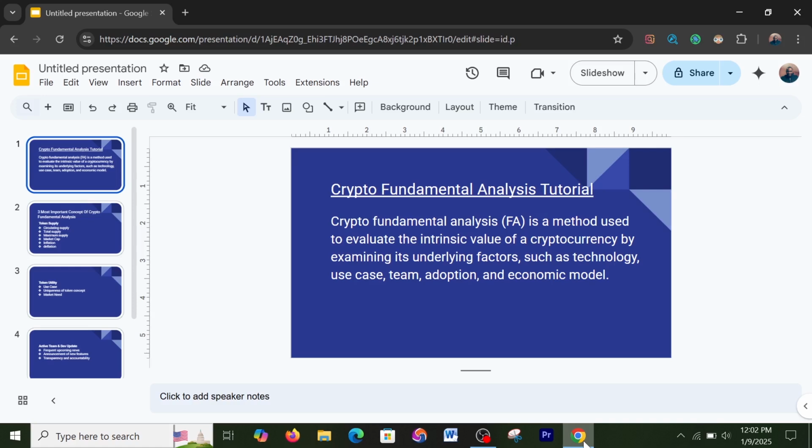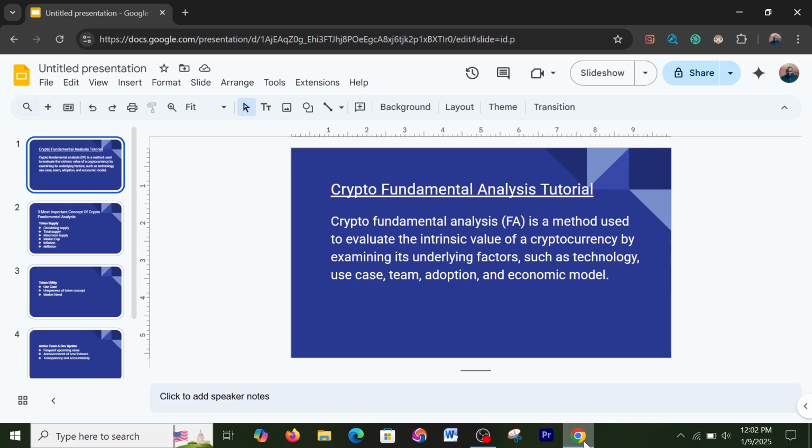And that's what happened with Bitcoin. A lot of people bought it at $10. Some people bought it at $100. Some people bought it at $500. Some people bought it at $1,000. Then I think some years ago I saw Bitcoin at $500. I didn't buy it because I didn't know about fundamental analysis. I didn't know the intrinsic value of it. All I knew was that you could use it to pay for certain things, and that was it.